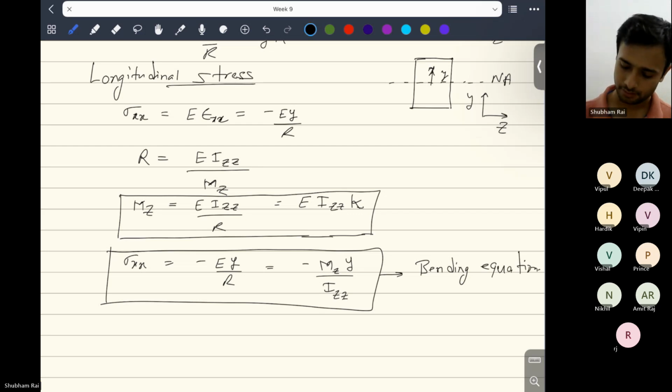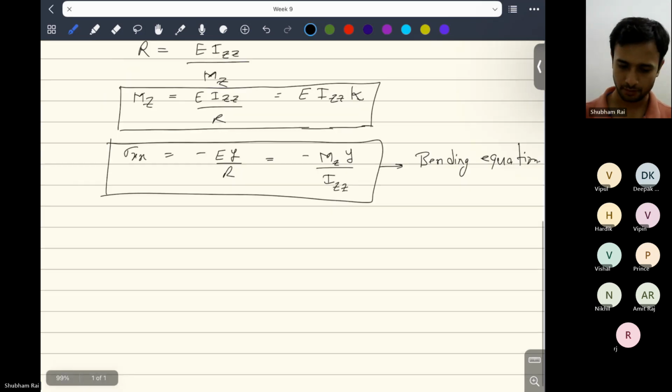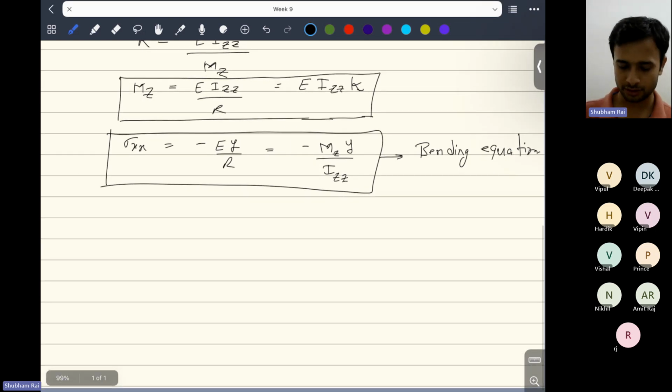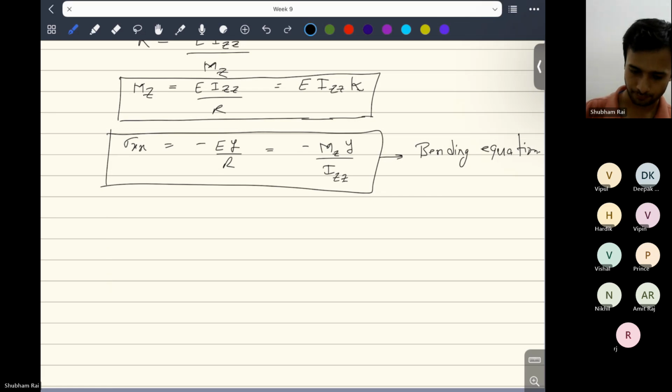And of course, now let's say you want to calculate I ZZ, that is the second moment of area, for any given cross section. So let's say the cross section is rectangular, and this is the neutral axis.